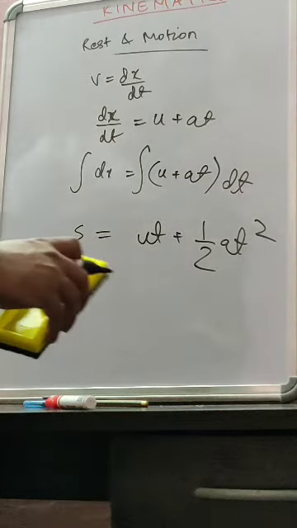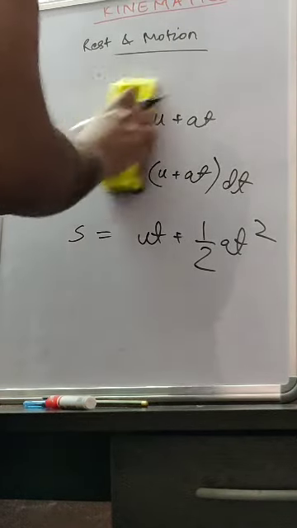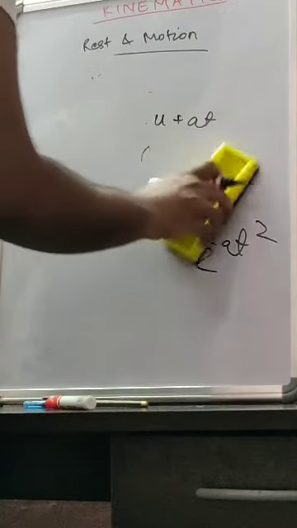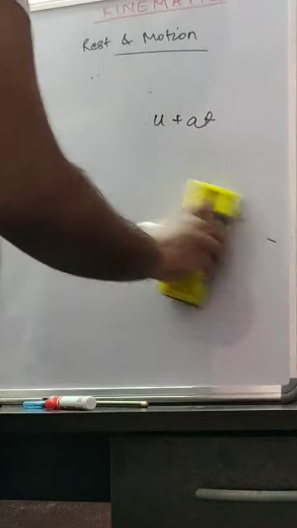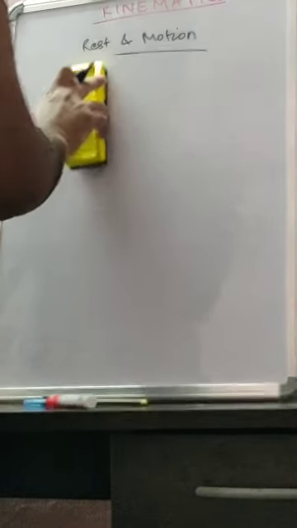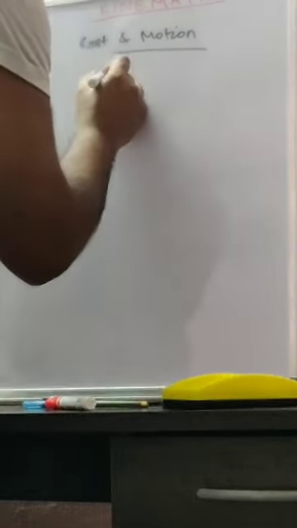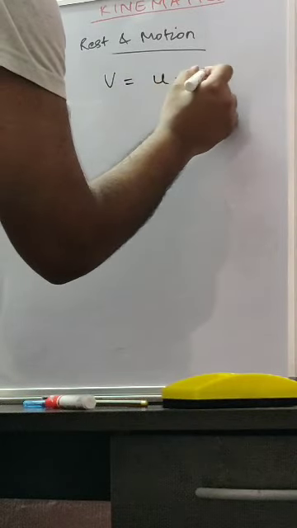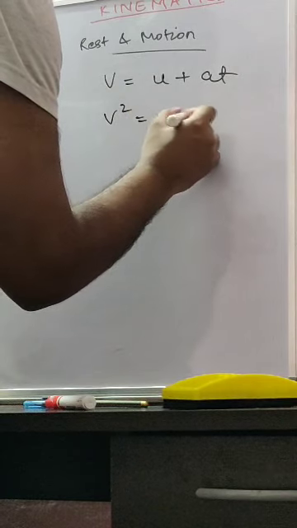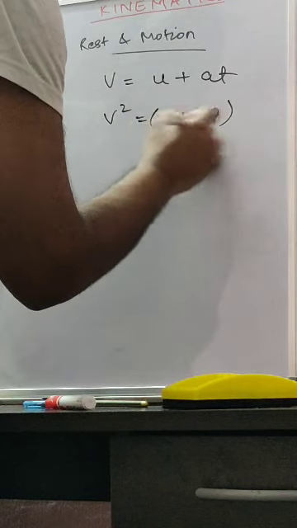Now for the third formula. We have v is equal to u plus at. Now we will square both the sides. v square is equal to u plus at whole square.